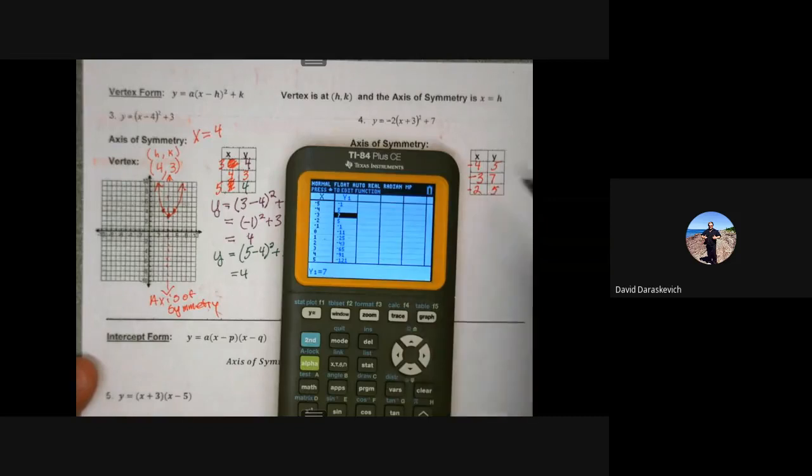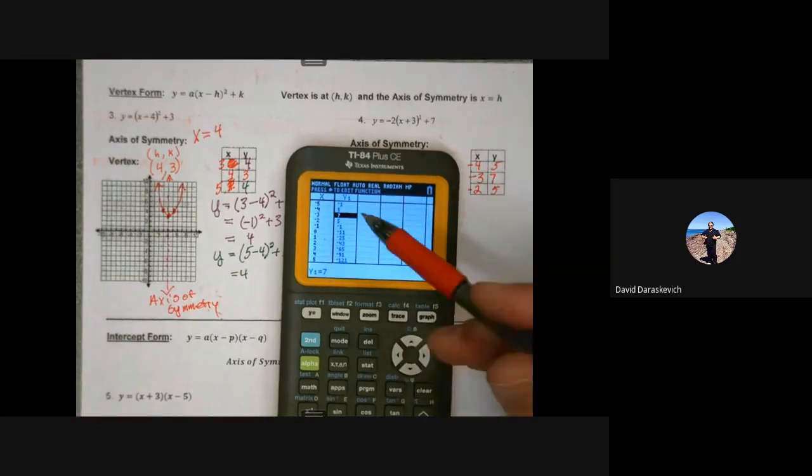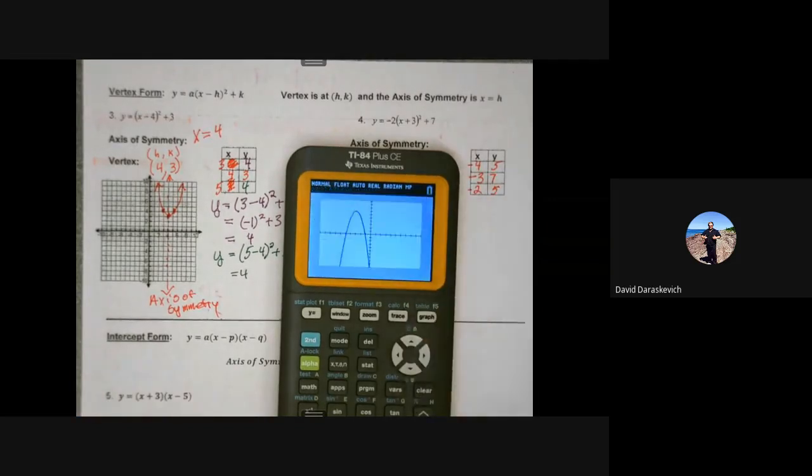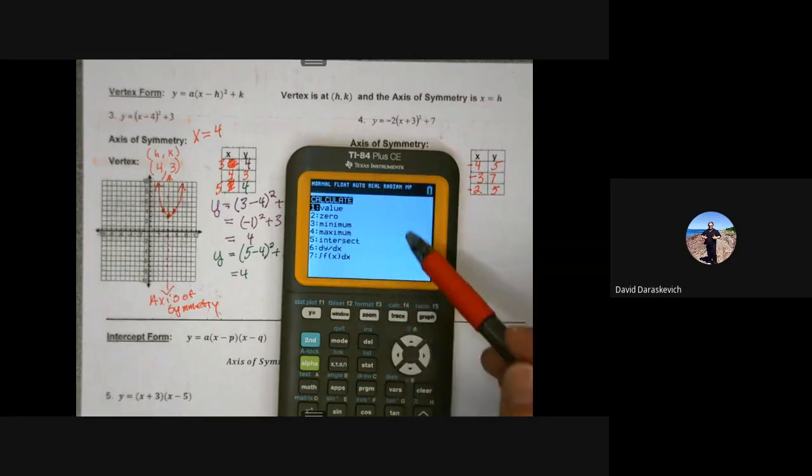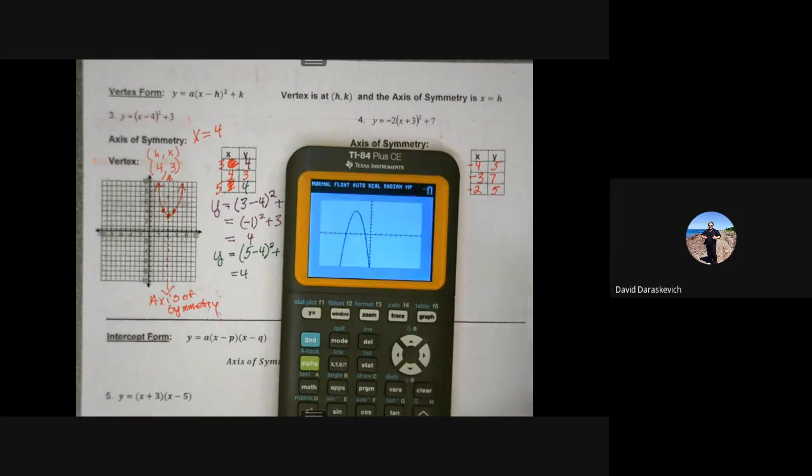By the way, if I can't easily find the vertex here, I could go back to my graph and try to calculate what it is. If I hit my second trace, this one's opening down, so I'm going to have a maximum. I would choose that, and it's asking me for my left bound.